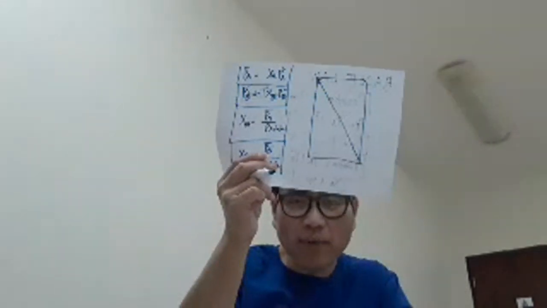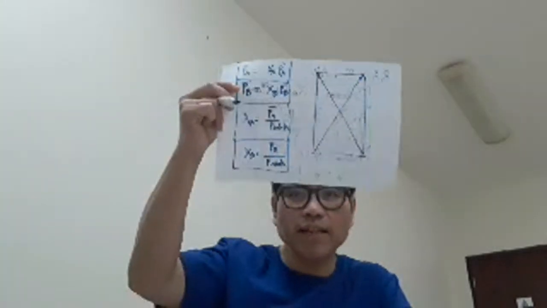Okay? The partial pressure will go up like this. The partial pressure of component A will go like that, okay? And the partial pressure of component B will go like this also, okay?